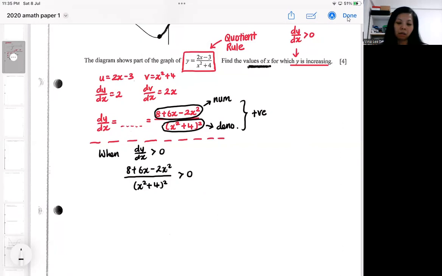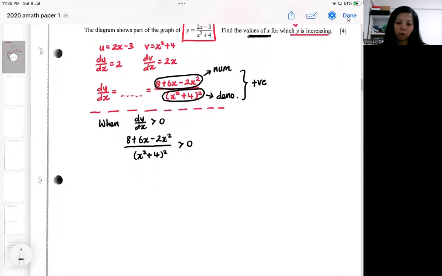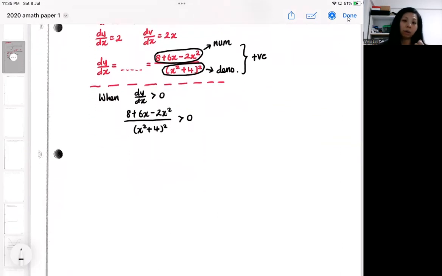When you divide the two components, you would like the fraction to be positive. So this is the numerator component, and this is the denominator component.